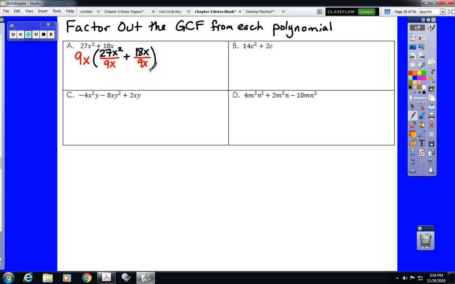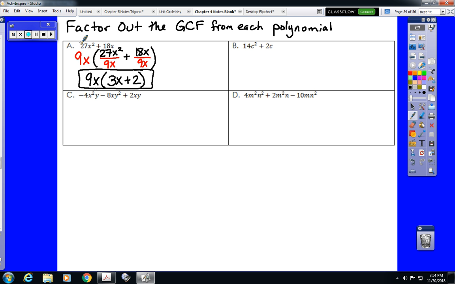So we would divide each of these terms. 27x squared divided by 9x would be 3x, and 18x divided by 9x would be 2. This is the factored form of this binomial. I factored out the 9x.